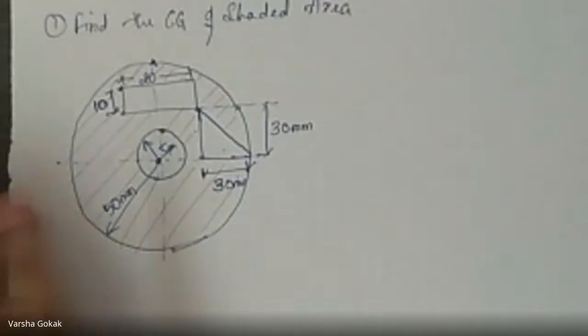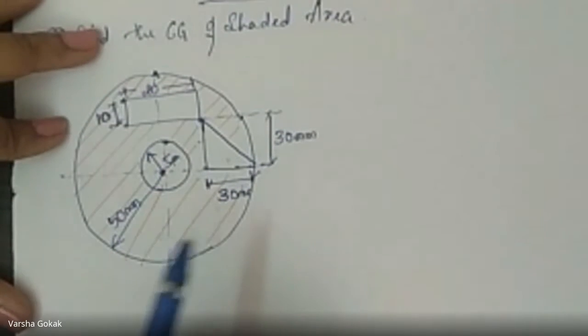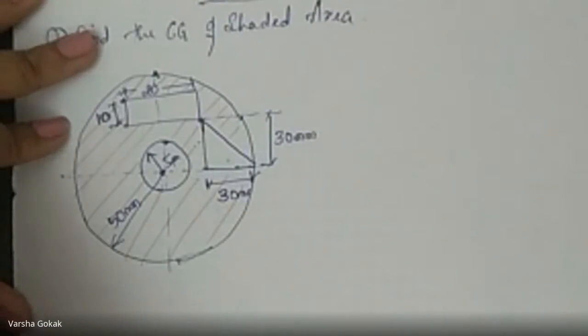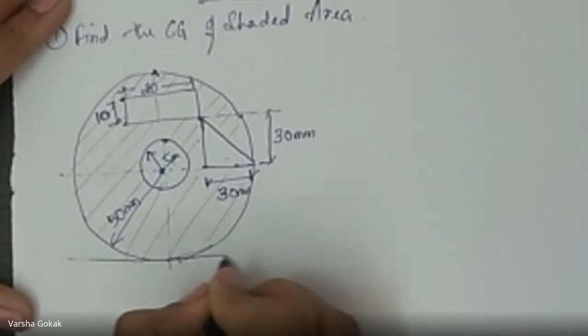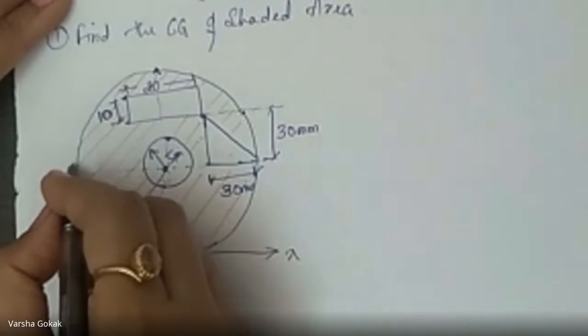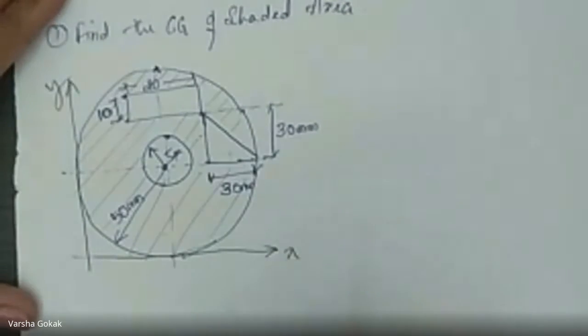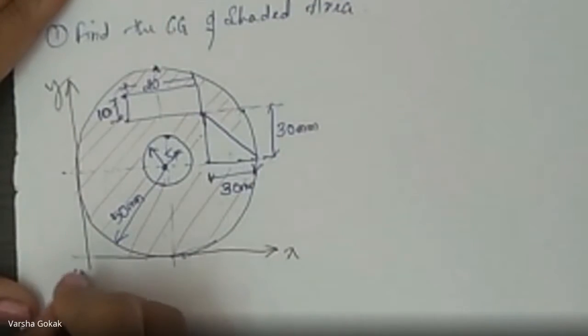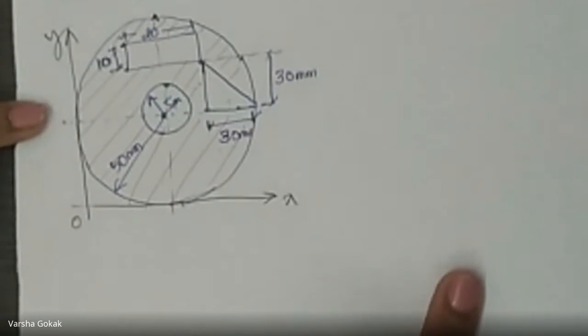Now, they have not given us any axis over here, x and y. So what we do, we have to assume this entire thing to be in the first quadrant. So from here, I will draw the x-axis, right? And from here, I'll draw the y-axis, like this. Right, this is my x-axis and y-axis, our reference axis. Now with these two reference axes, I have to put up the table, right?